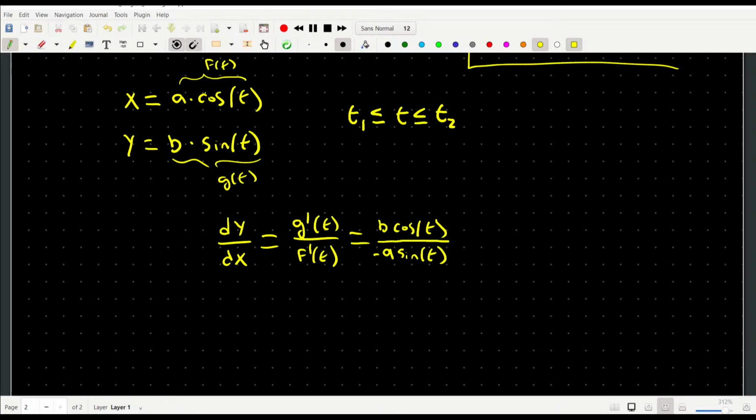So if you take the derivative of f in the denominator here, this is negative b over a cosine of t over sine of t.